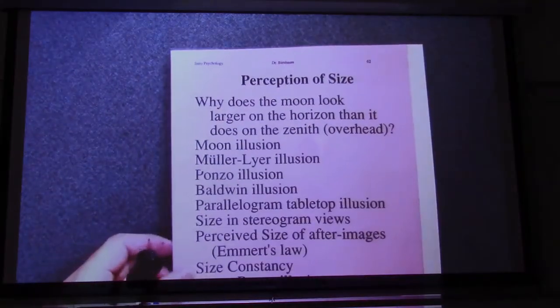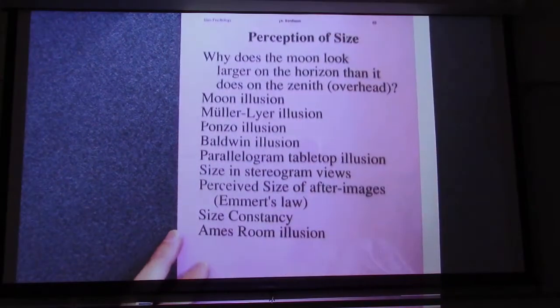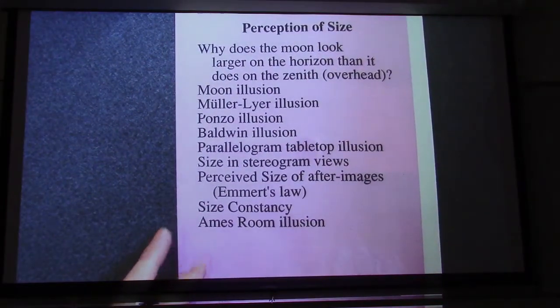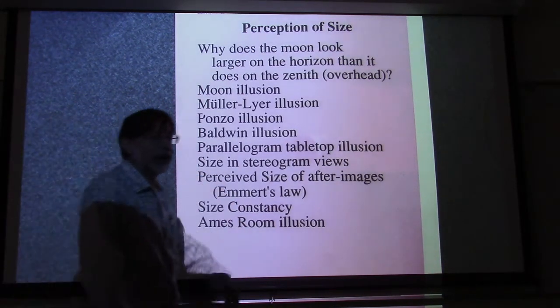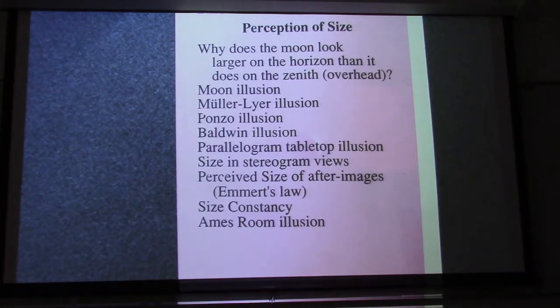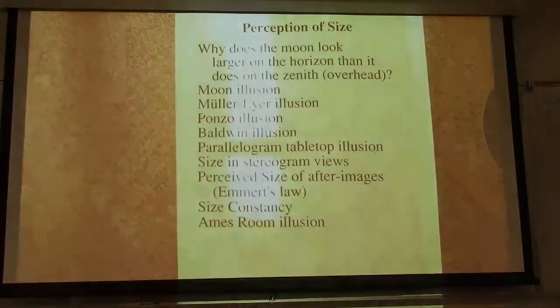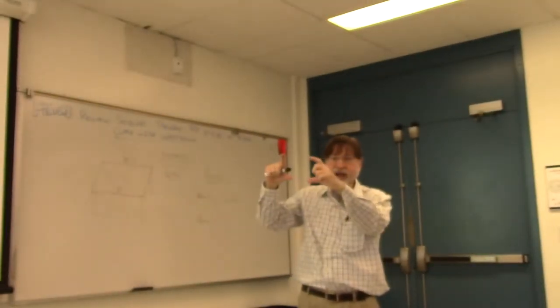And we want to talk about the size of objects in stereogram view. Probably, anybody had a Victorian stereoscope, like an old-fashioned stereoscope? It's an object you look into with two eyes, and it's got a slide about this big.